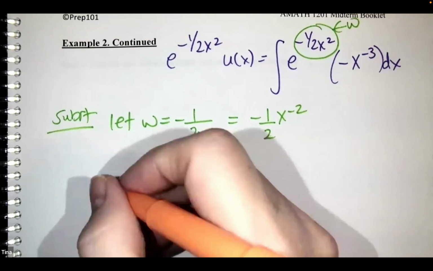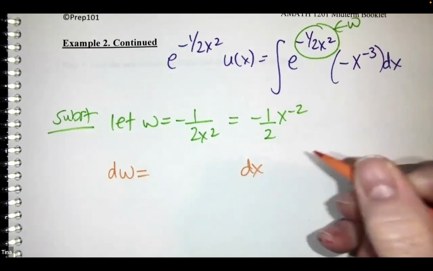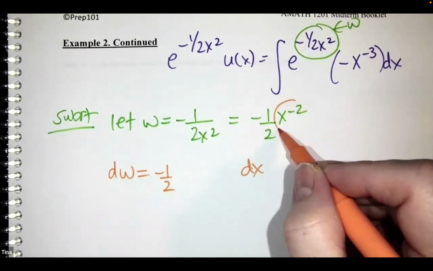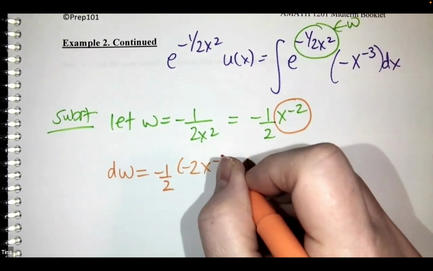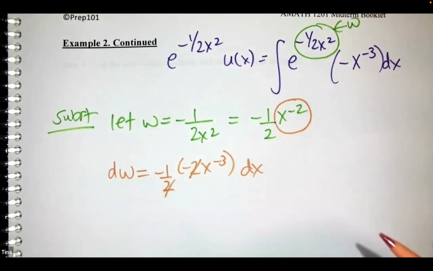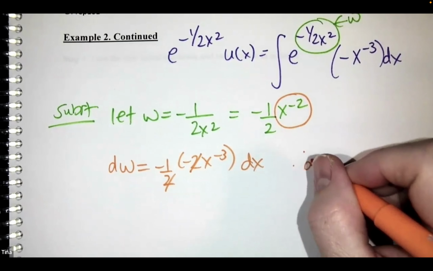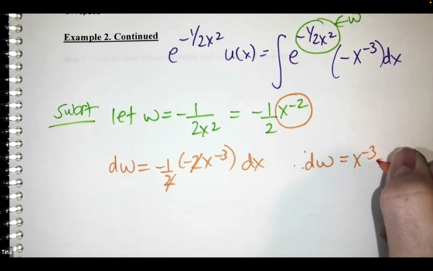And then we can do dw by dx. Well, the derivative of this would be negative a half times the derivative of x to the negative 2, which is negative 2x to the negative 3. So really, the negatives cancel, the 2's cancel, and it's really just dw is x to the negative 3 dx.